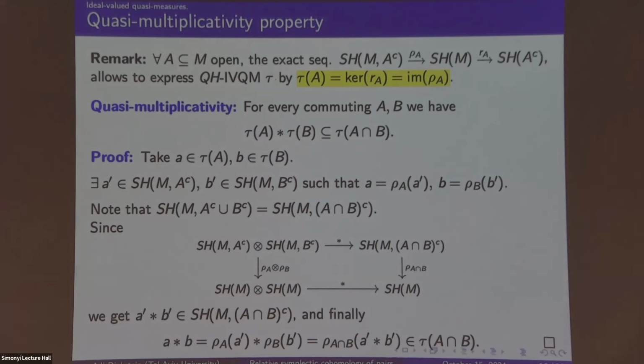And this belongs to the measure of the intersection. Okay, so this is maybe a heavy slide, so if it was too much, don't worry, the rest is much easier. But this is the heart of the use of the relative symplectic cohomology of pairs in this tool of the ideal valued quasi-measure.